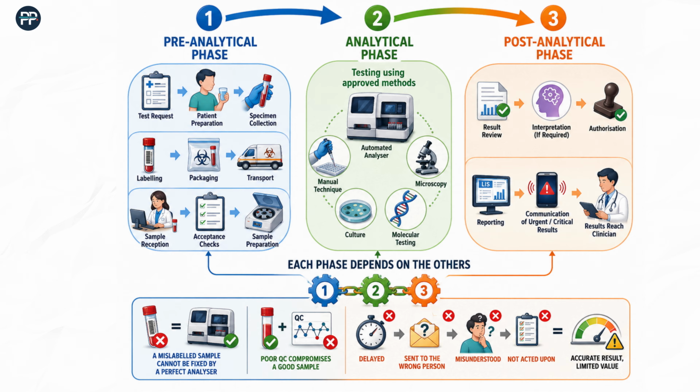And an accurate result is of limited value if it is delayed, sent to the wrong person, misunderstood, or not acted on appropriately. That is why quality in laboratory medicine is not just about the analyzer, it is about the entire testing pathway, from the moment the test is requested to the moment the result supports patient care.